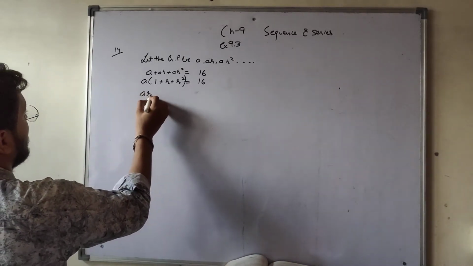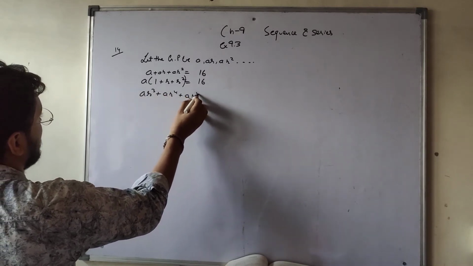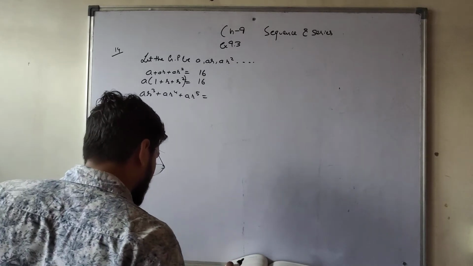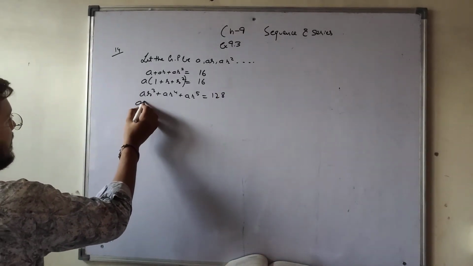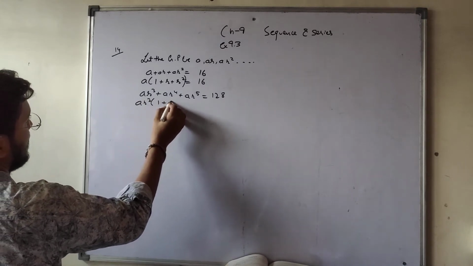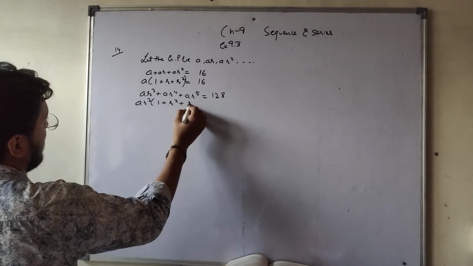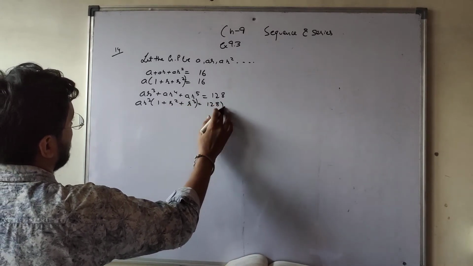Next three terms will be ar cube plus ar raised to the power 4 plus ar raised to the power 5 is equal to 128, right? If we take ar cube common, we have ar cube(1 + r + r square) = 128.